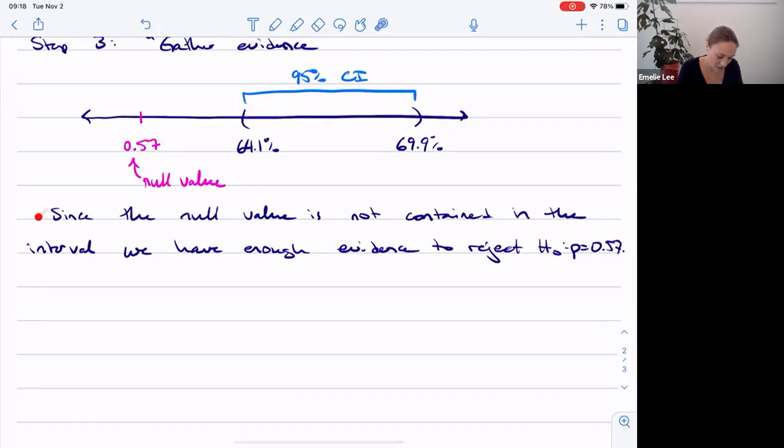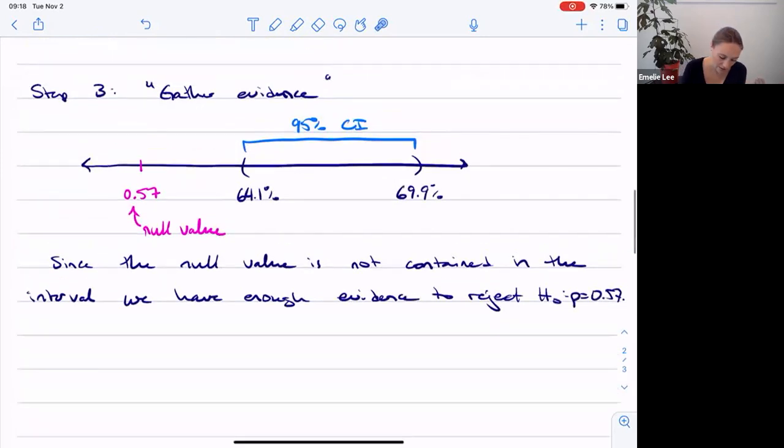So this part, comparing the null value to the interval, is it in the interval or not? That's actually part of our conclusion. So I'm going to restate it as part of the conclusion, and then only this here where I compare the null value to the interval, that's going to be the gather evidence portion of it.